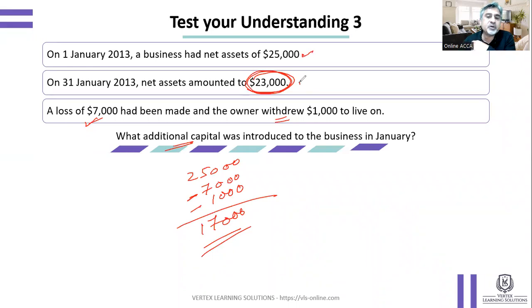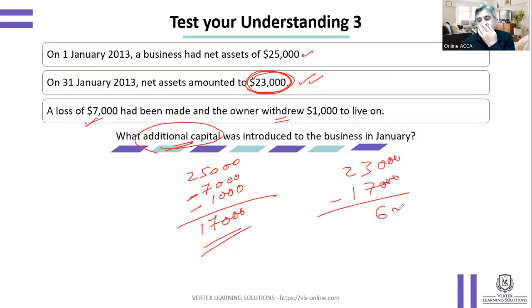But it says you've got 23,000. So why is this money more? Because there is additional capital. You might have invested money into the business. So the difference between 23,000 and 17,000, which makes 6,000, is the capital injection. That is the additional capital which you put into the business.